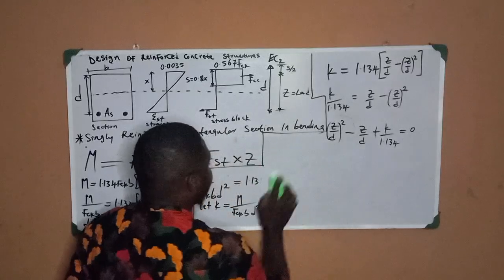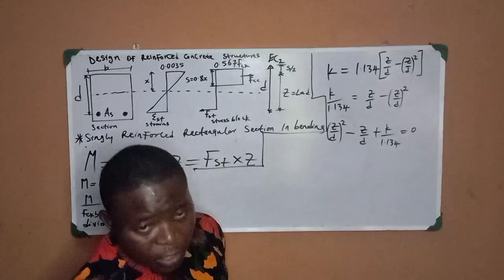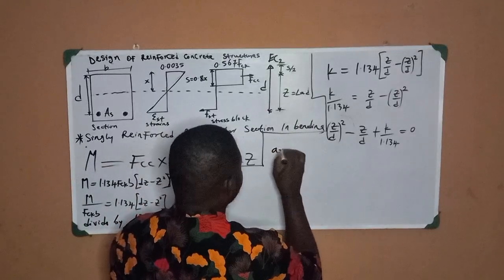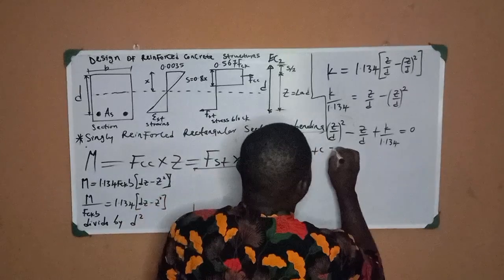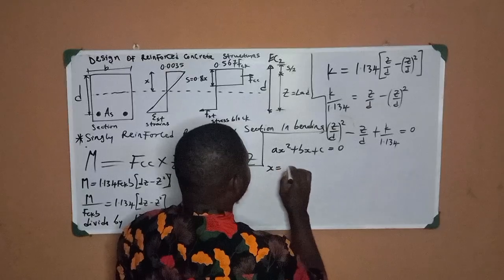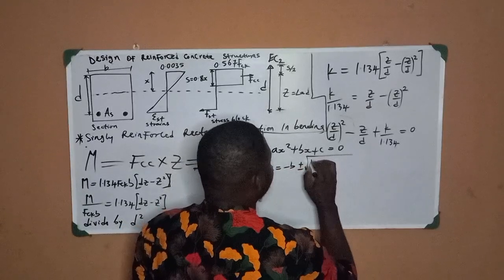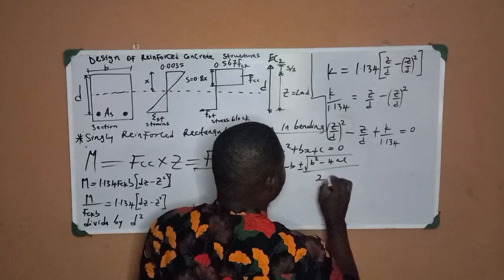I know that in simplifying a quadratic expression using the general formula, I have ax squared plus bx plus c is equal to 0, where x becomes equal to minus b plus or minus root b squared minus 4ac all over 2a.